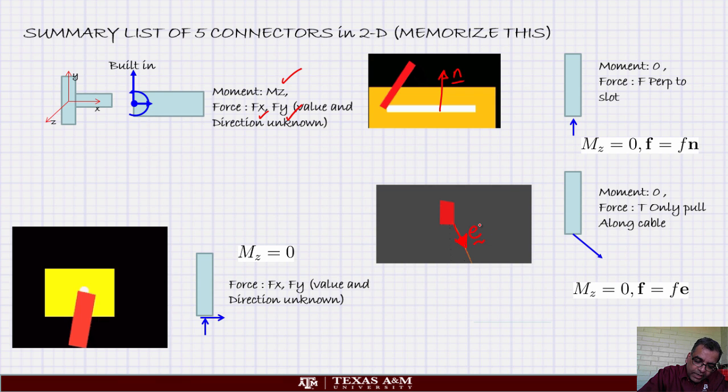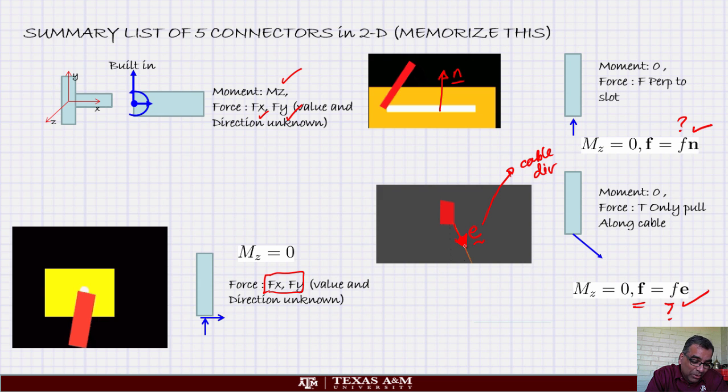This is the E direction, cable direction. The force has unknown magnitude but known direction. Here, Fx and Fy are there, with unknown magnitude and direction. In the pin slider, unknown magnitude, known direction: perpendicular to the slot. In the cable, the direction is along the cable.